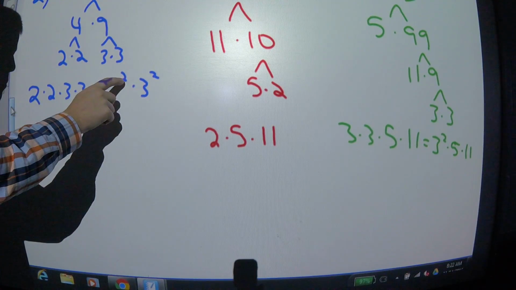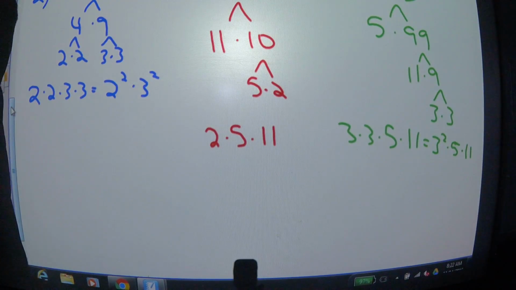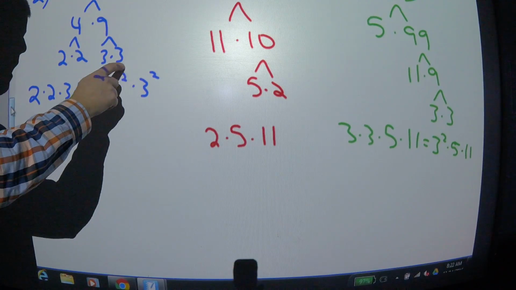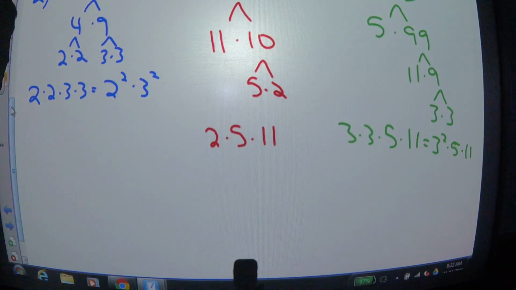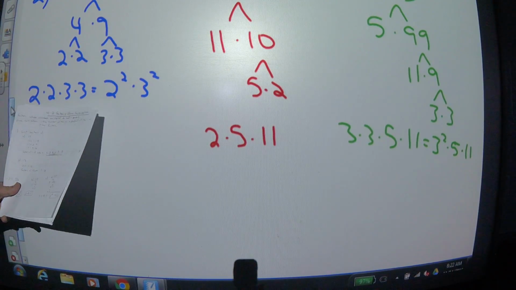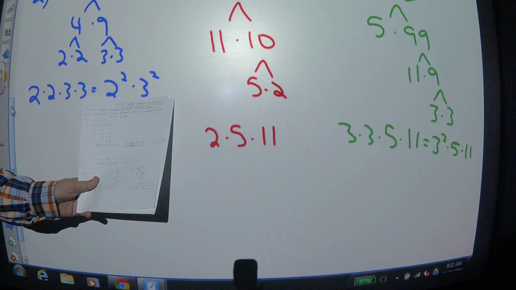I have two 2s, so I wrote it as the power of 2. I have two 3s, so I wrote it as the power of 2. So 2 squared times 3 squared is how you write the product of prime factors, your prime factorization.